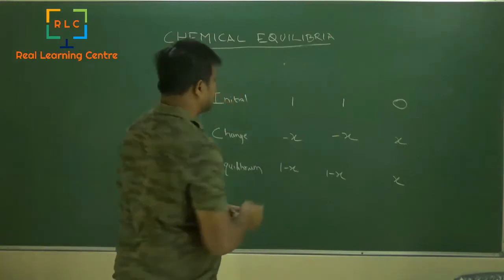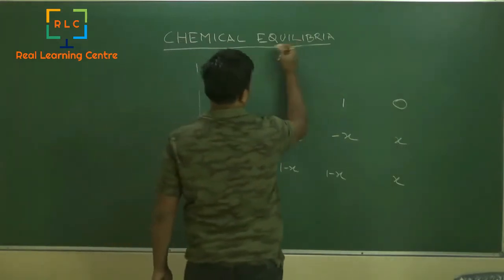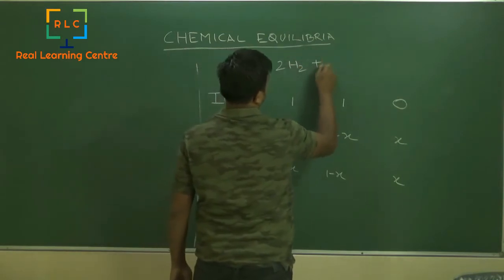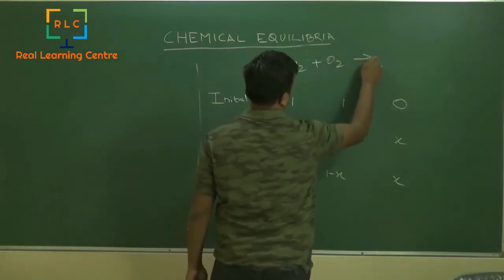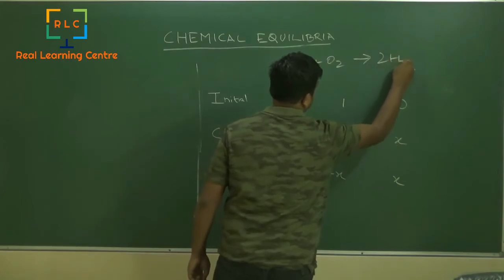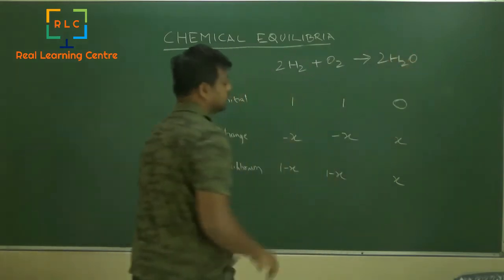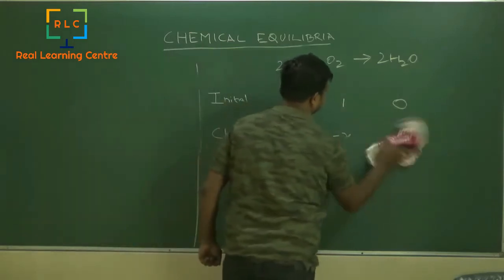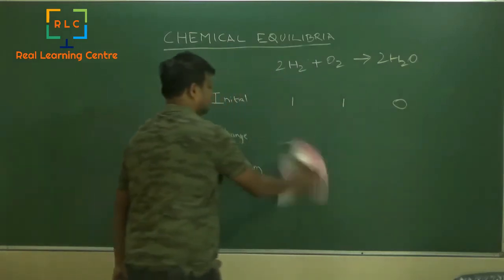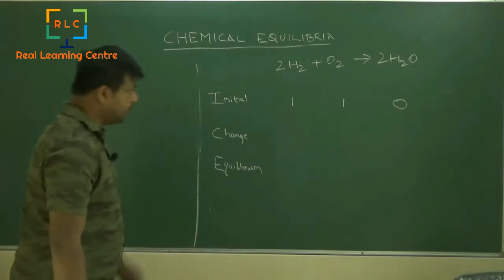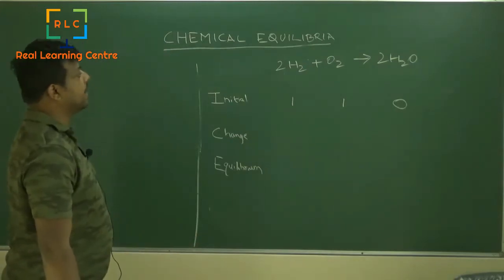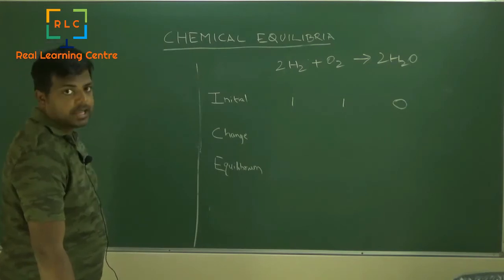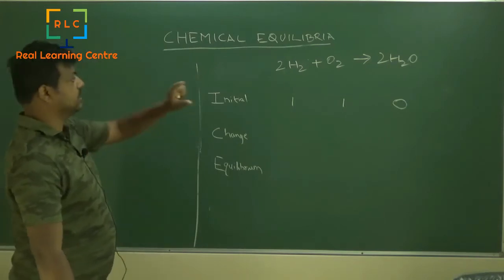Let's take a more complicated example, something which has a different stoichiometric coefficient. So this is a balanced chemical reaction for formation of water. Again I am taking 1 mole each of H2 and O2, and that's my initial state.